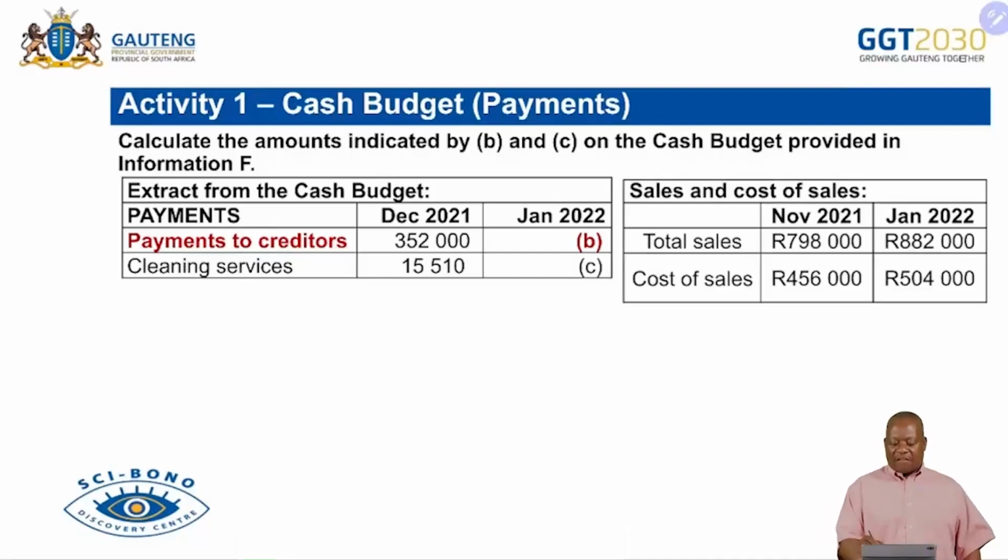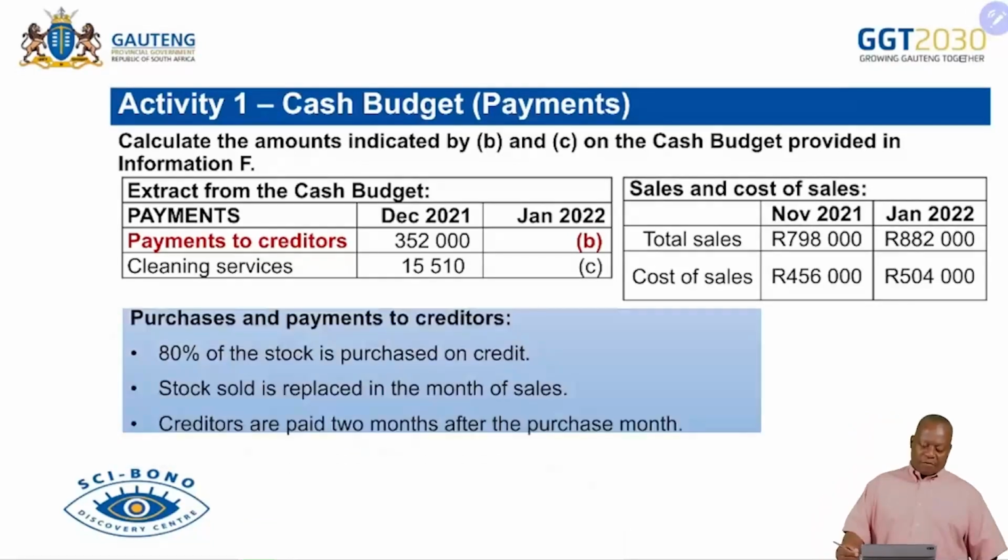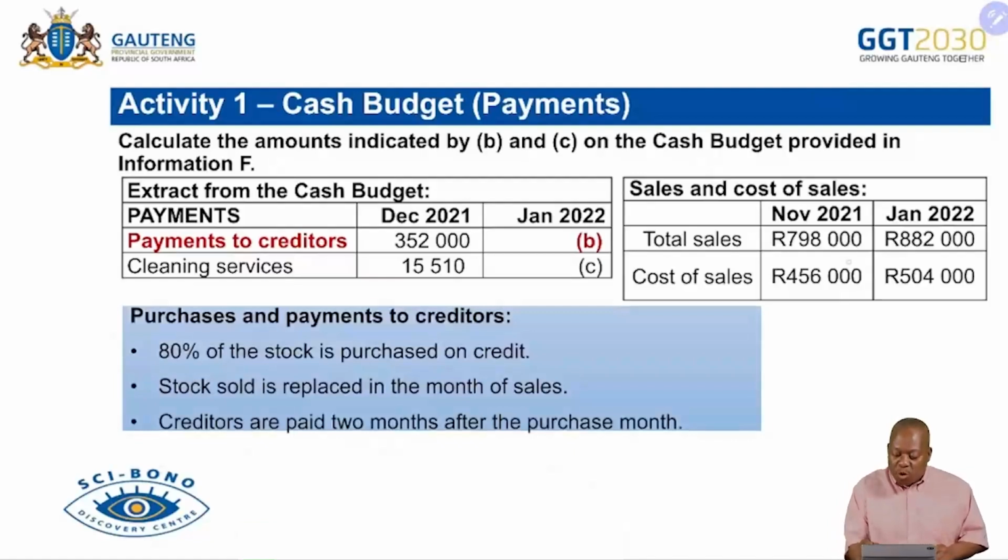So we are given the purchases in the form of cost of sales. And then they gave us additional information with regards to purchases as well as payments to creditors. They're saying 80% of the stock is purchased on credit. So when we want to find credit purchases, we are just looking at 80% of these figures.